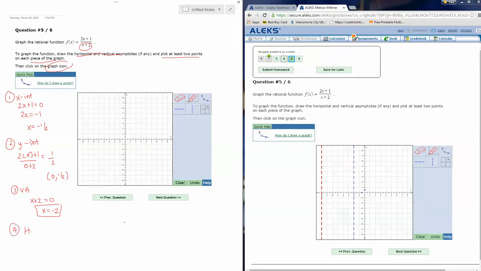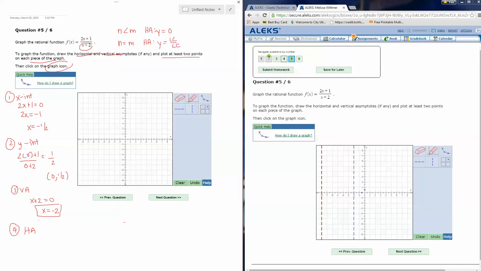So horizontal asymptotes, that requires us to compare the top degree with the bottom degree. There are 2 cases that we're going to graph. If the top power n is less than the bottom power m, then we have a horizontal asymptote at 0. If the top power n is equal to the bottom power m, then the horizontal asymptote is the quotient of the leading coefficients.